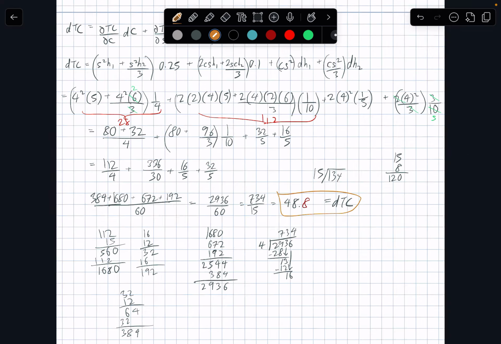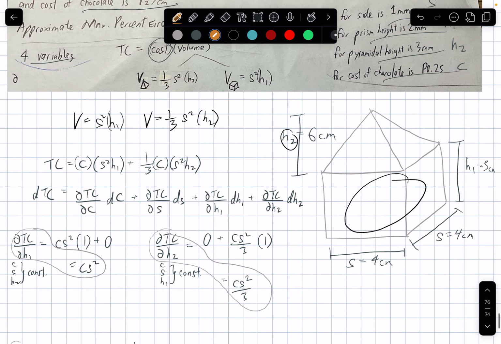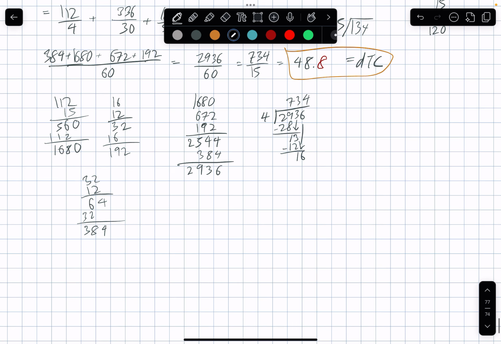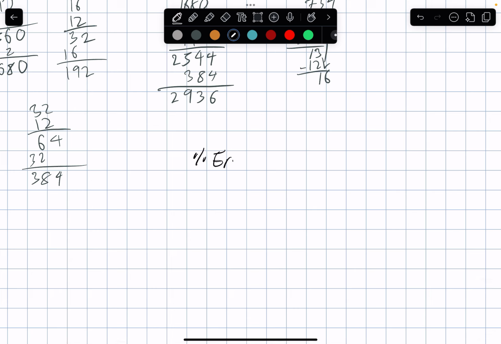So, you were able to identify what DTC is. Now, we approximate the maximum percent error of the candy's cost. So how do we do exactly that? The percent error is equal to DTC over the total cost, which we don't know the value of just yet.